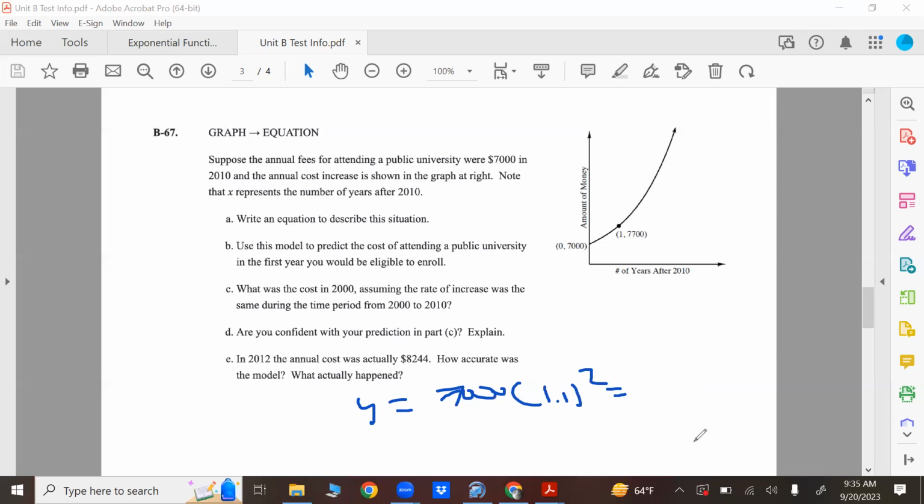Yeah, the cost could have been really cheap 10 years ago. Now we got inflation, right? 8470. So how accurate's the model? I mean, kind of. I'd say it's kind of accurate. What actually happened? I don't know. Maybe they just felt like charging more. No idea.